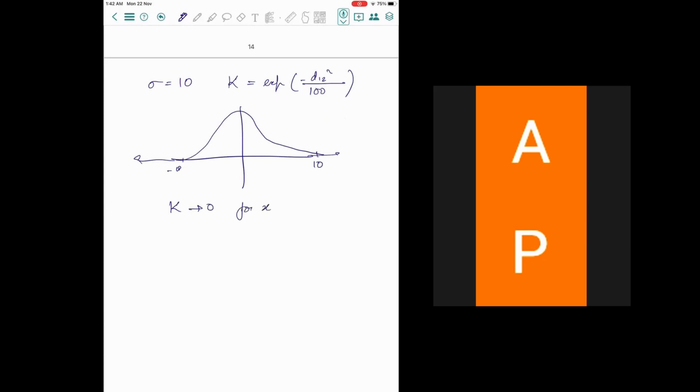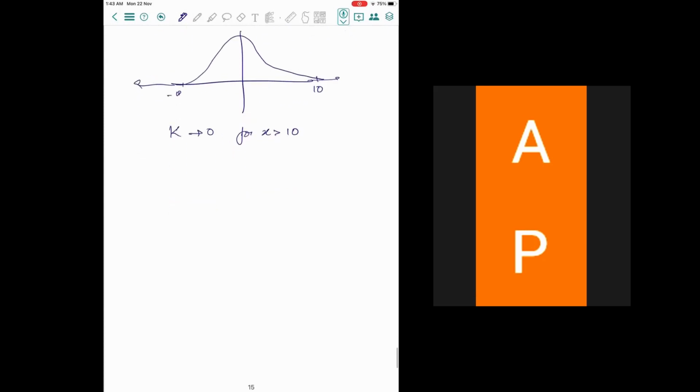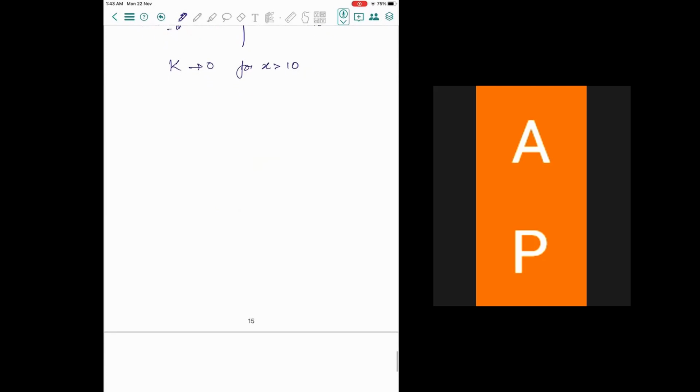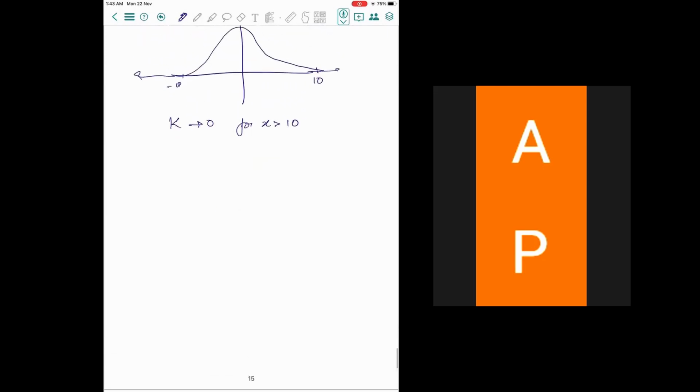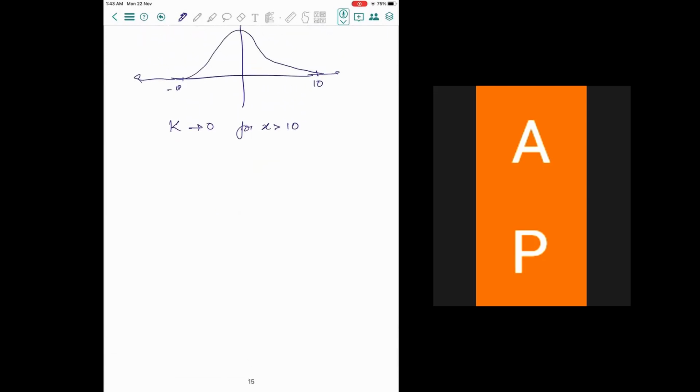Here we are literally getting all the values to be same, so we are underfitting the data here. K goes to 0 for a value of x more than 10. So we need to adjust the sigma value, so we need to tune it to get the best fit.